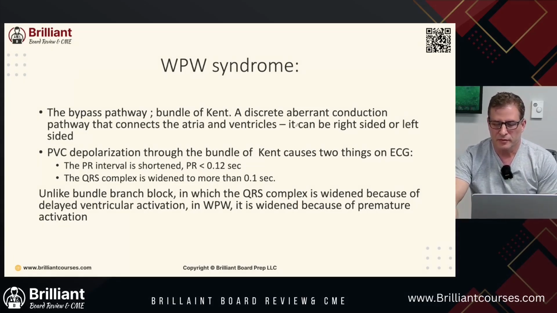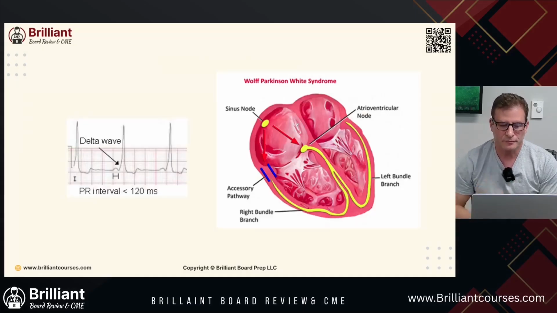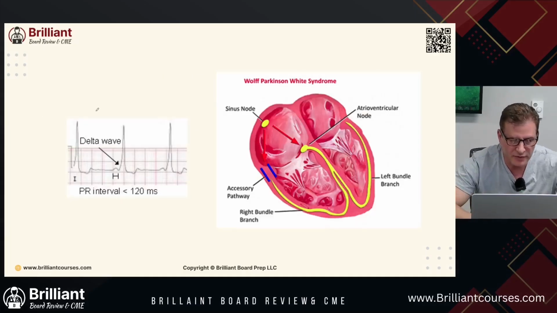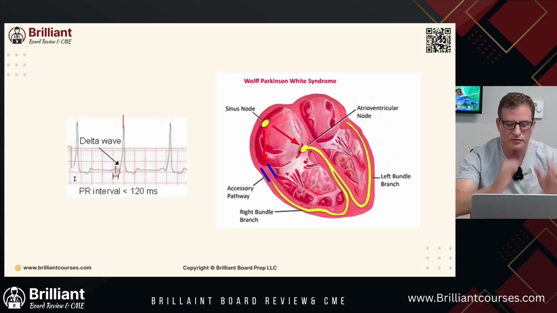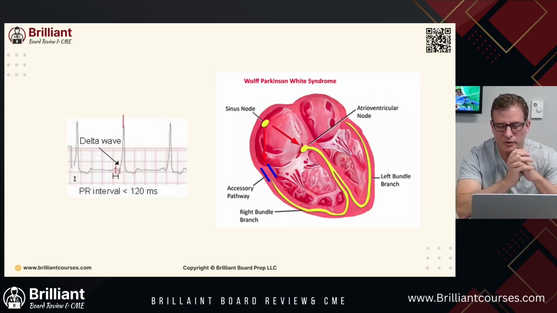All right, we've got a visual of it right here. Okay, see the delta wave right here? This is the delta wave. And the PR interval, P to R, is shortened. I'm sorry, I drew that wrong. The PR interval is small, less than 120 milliseconds.